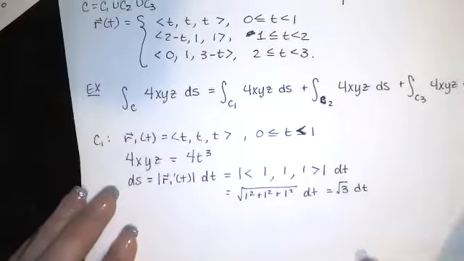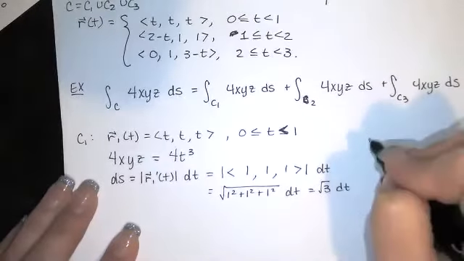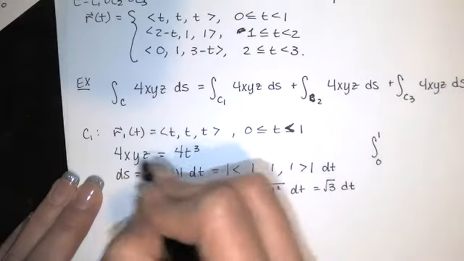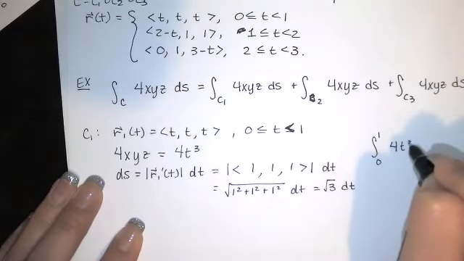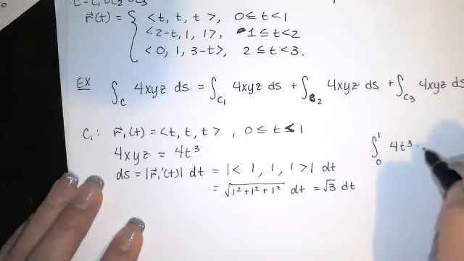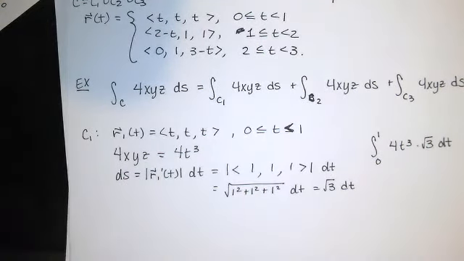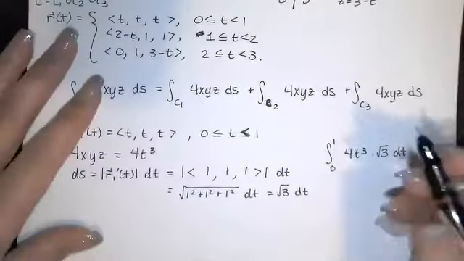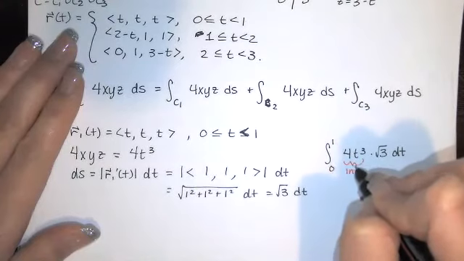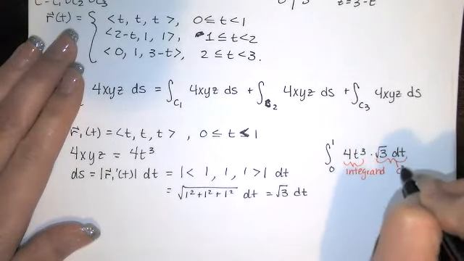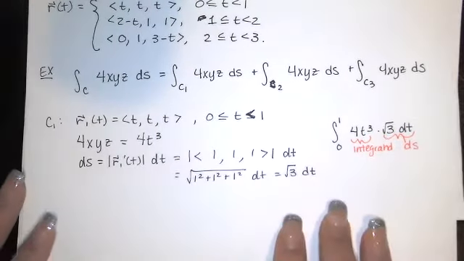So the line integral over C1 is the integral from 0 to 1, the new integrand, times ds, which happens to be square root of 3 dt, and that's easy to integrate.